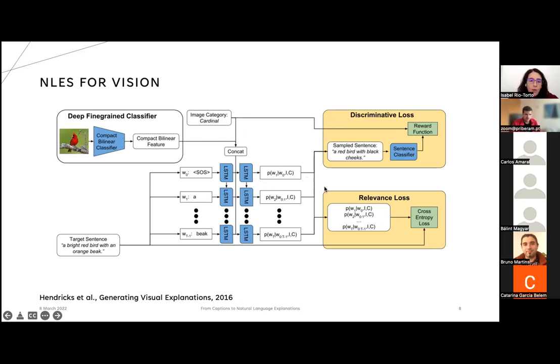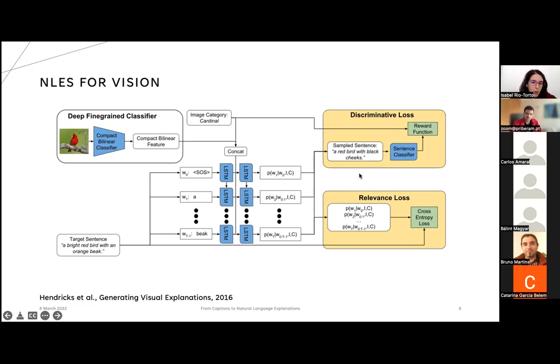And of course, it also has a traditional cross entropy loss to ensure that the model can generate coherent sentences and that these sentences are image relevant. So this relevance loss is used to train the model with the target sentences, so with the image captions, not with ground truth or human collected explanations.